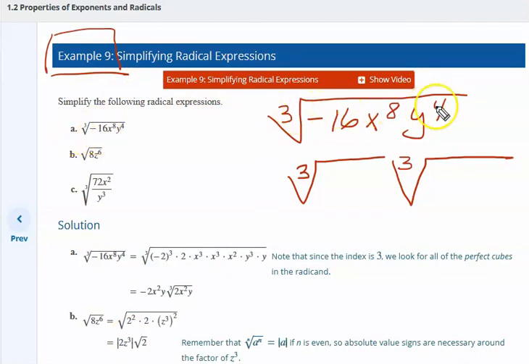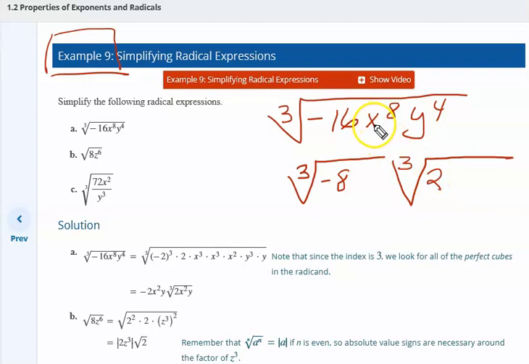Here's our example that I've written big, and we want to simplify it. So what you want to put under the first radical sign are all perfect cubes. So what would be a perfect cube of 16? Well, we could put in there a negative 8, and we would be left with a 2 over on that side.